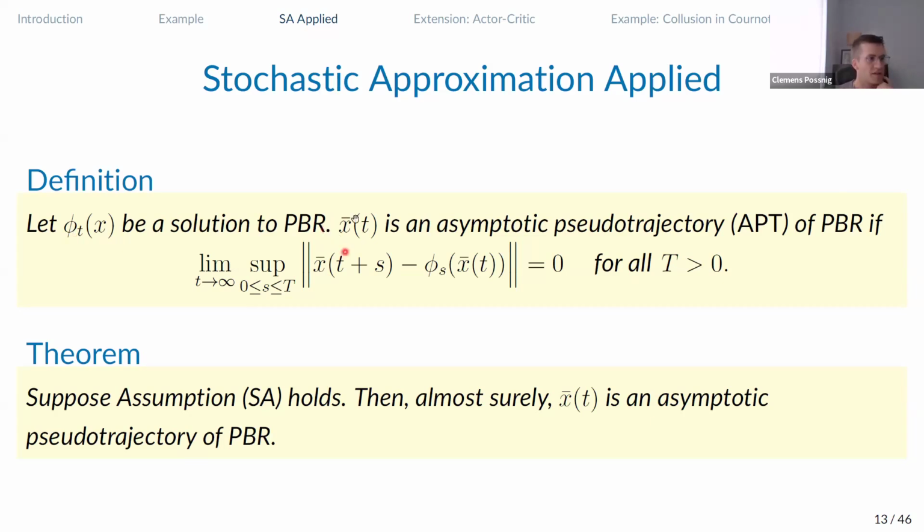We define x bar t, so this is now any function, to be an asymptotic pseudo trajectory of this ODE if, let's look at this difference on the inside here, we take an interval from 0 to capital T, and we look at x bar starting at some t, and we compare it to a solution that takes the same starting value x bar t and carries it s periods forward.